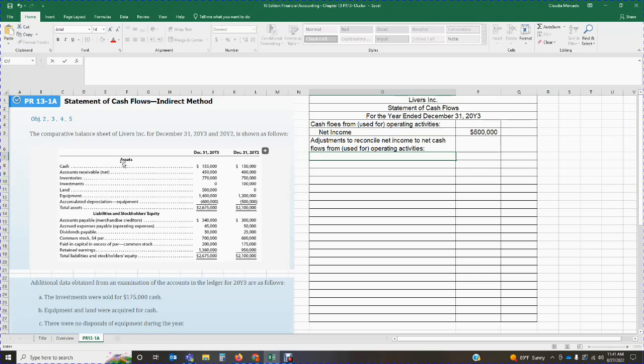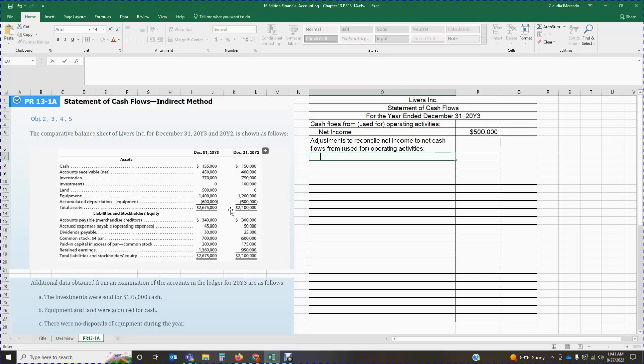But if we look at our assets section, we have an account called accumulated depreciation. This account keeps track of the depreciation for the period. If we look at it, in 20Y2, we had $500,000, and in 20Y3, we had $600,000. So my accumulated depreciation increased from 5 to 6 in the year.